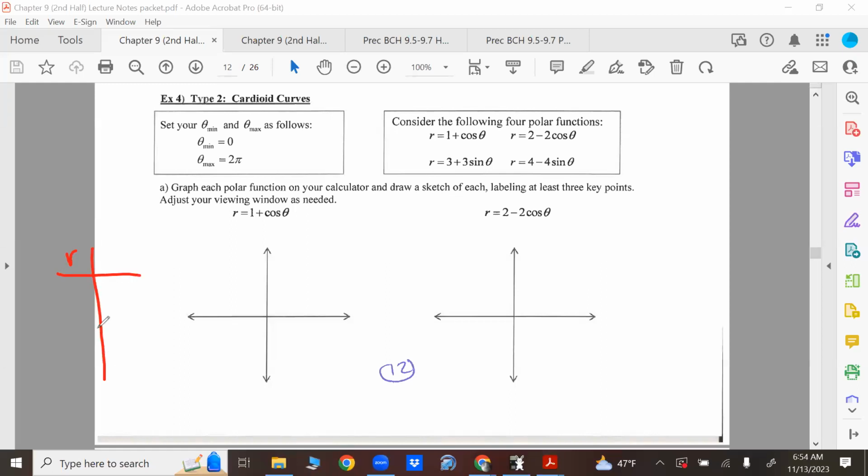R and theta. Again, if theta were 0, we do get 2. That makes sense, right? If theta were pi over 2, we get 1, so it makes sense that we get a point over here.